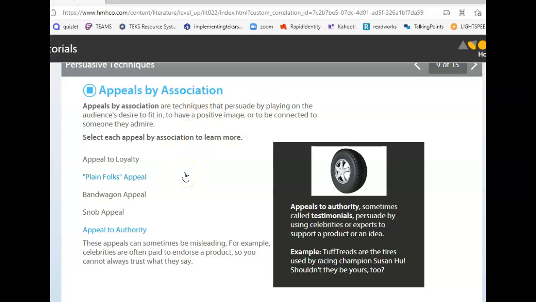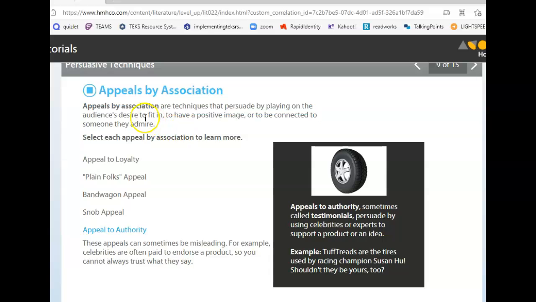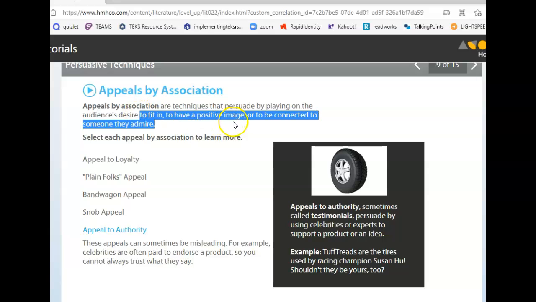An appeal by association tries to persuade the audience by appealing to their desire. Right here's the word desire, and here are the 3 examples: to fit in, to have a positive image, or to be connected to someone they admire.